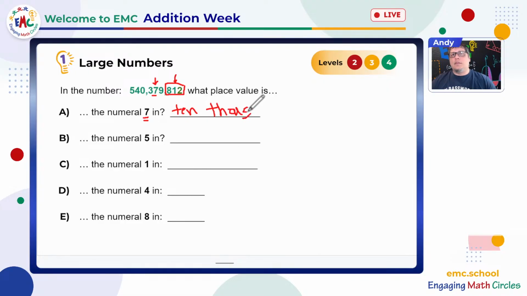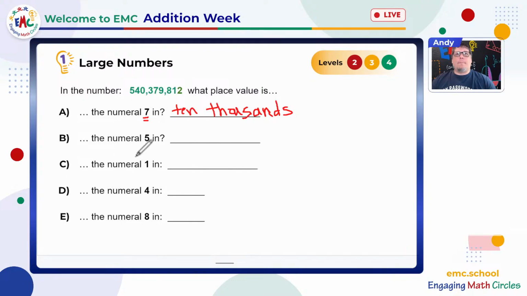Okay. Pause the video and fill in the rest on your piece of paper to see if you got the same one as me for the 5, 1, 4, and 8 in this number. Let me just erase this so they're easier to see. Okay.